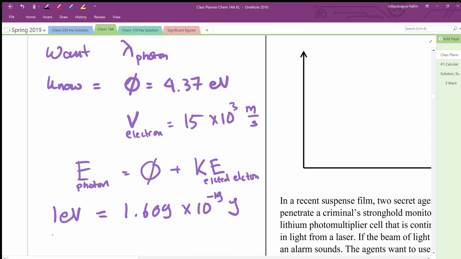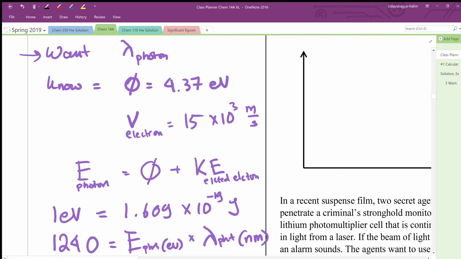Another useful conversion factor is that 1240 equals the energy of a photon in electron volt times the wavelength of the photon in nanometer. But if you don't want to use that, it's perfectly fine too. This is what you want to calculate, the wavelength of the photon. And what you know is the work function as well as the velocity of the electron.